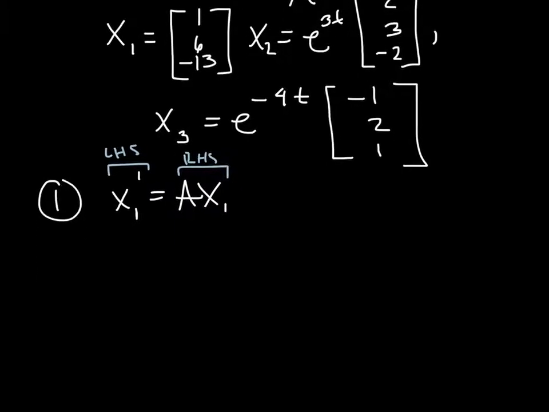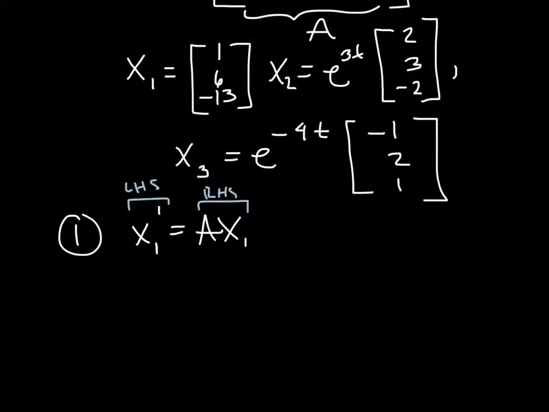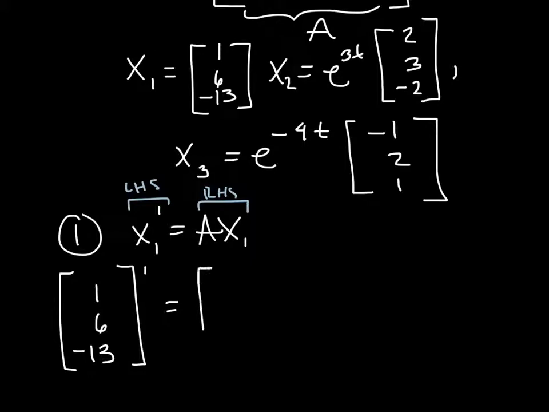So what is my x1? Well, my x1 is 1, 6, negative 13, and if I take the derivative of that guy, well, there are no functions of t in this case, so my derivative is just the 0 matrix.